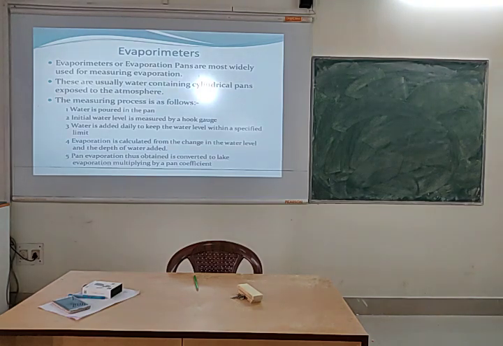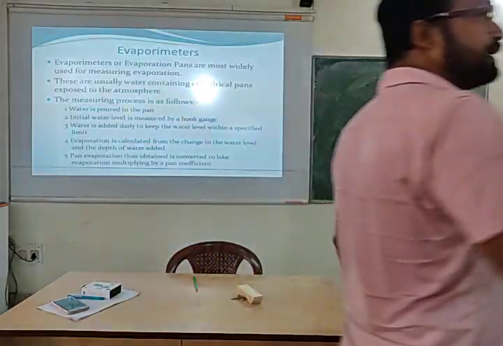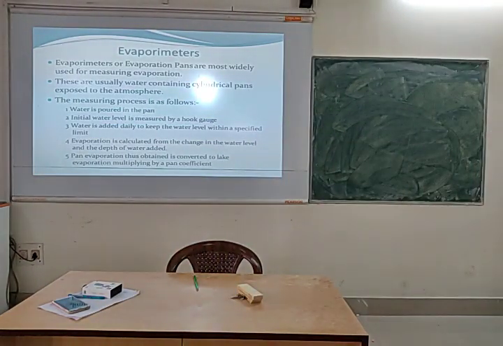Pan evaporation thus obtained is converted to lake evaporation by multiplying by a pan coefficient, like what I have already discussed, right? Pan coefficient means obviously that the instrument will have some sort of coefficient.